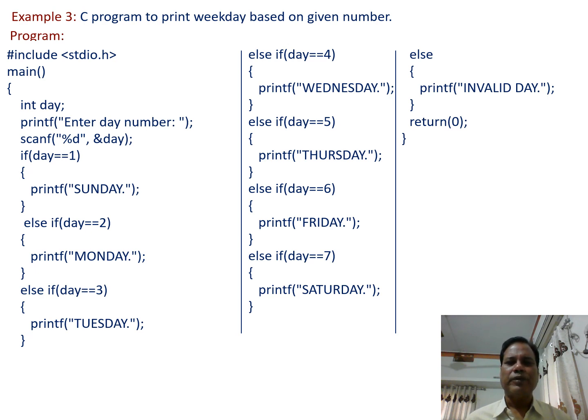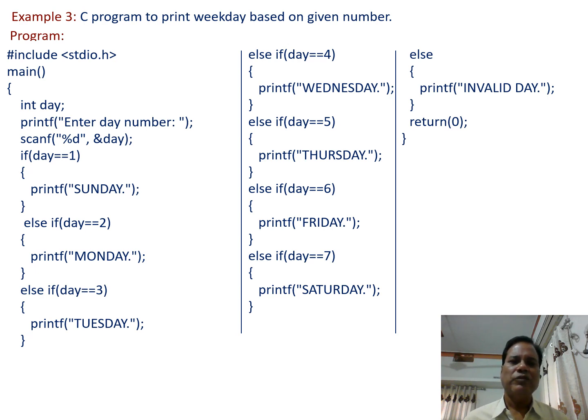Using a printf statement, we print the message on the output screen, enter day number. And when we enter a day number, suppose it is 1 from 1 to 7, that number is taken in by the scanf function and is stored in the variable day.